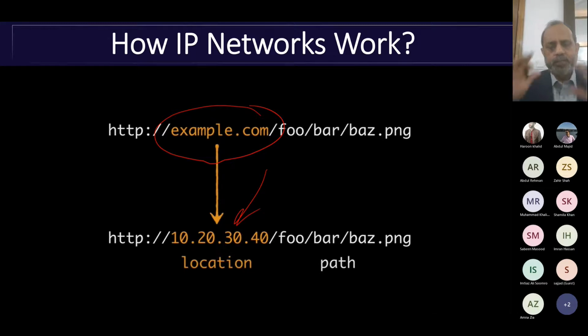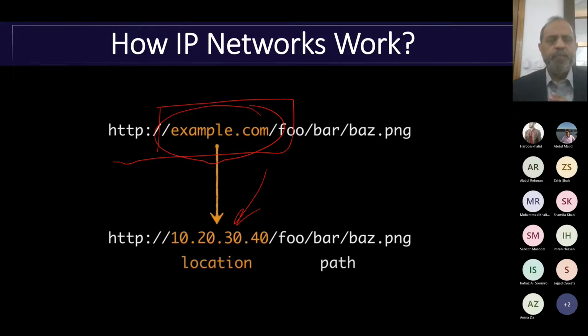Somebody in the network converts this name into an address, like DNS servers. Once I say ks.edu.pk, it is actually an IP address where my website is hosted. If there is a special announcement about the course, on that computer there are folders, and in one of the folders is this information, and it will fetch that information and present it to you.